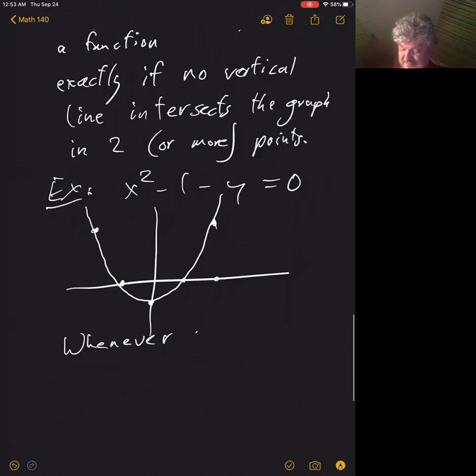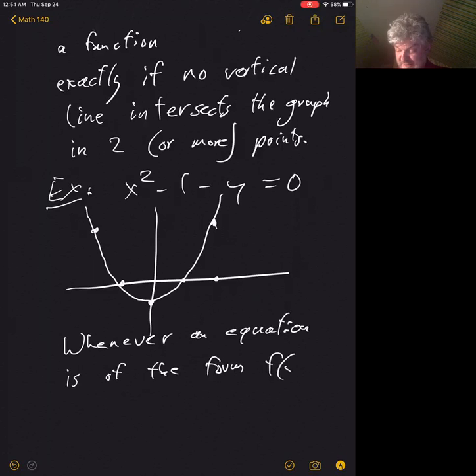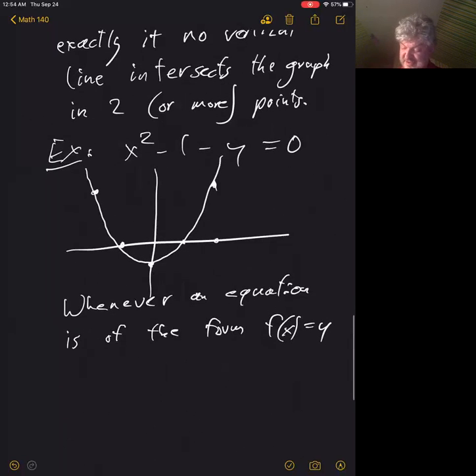Whenever an equation is of the form f of x is y, so the y is all by itself on one side and all the rest is the x's on the other side, it clearly defines a function.